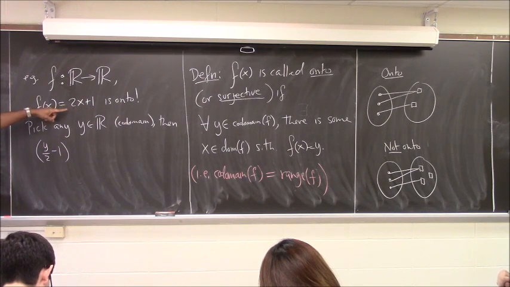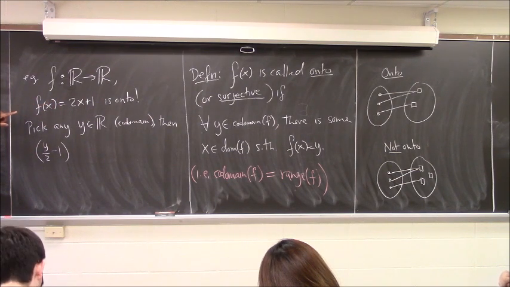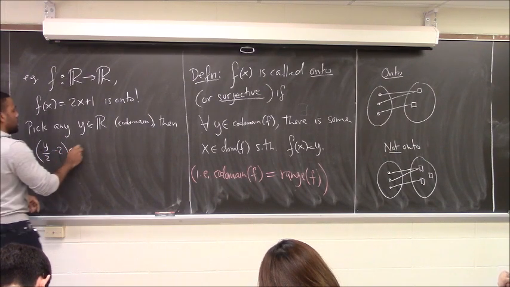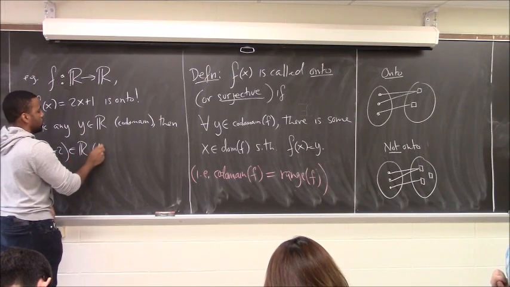So take any real number, subtract 1, divide it by 2, and it is in R, and now I'm thinking of the domain.